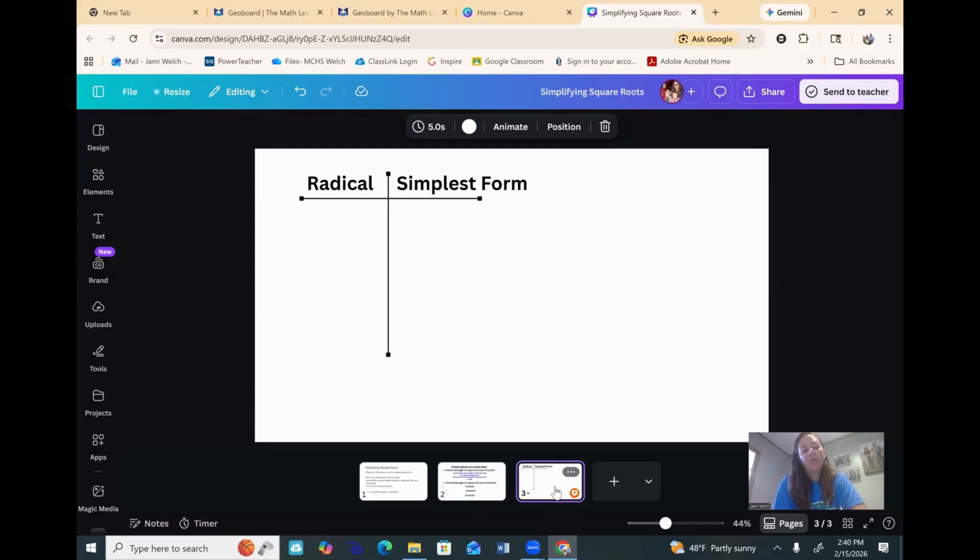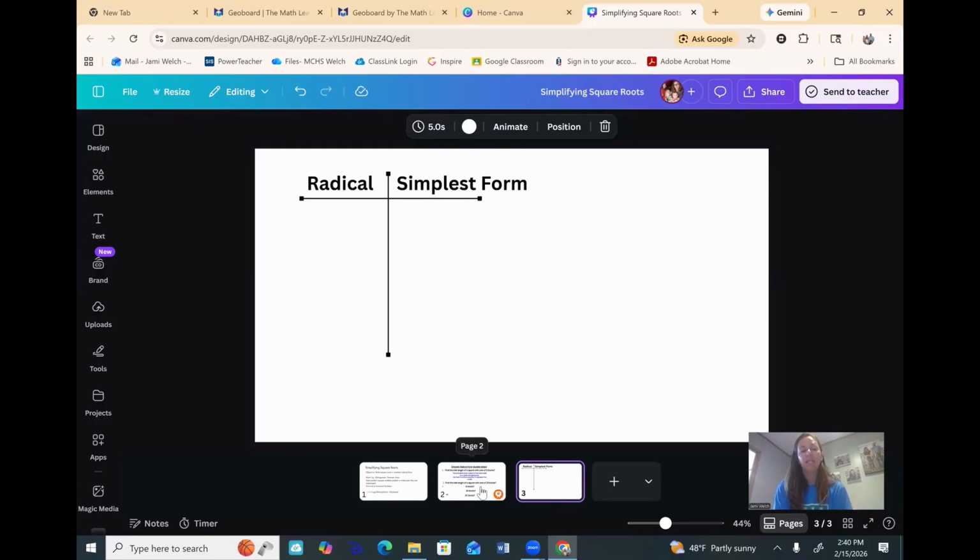So we're not wanting them to model every single radical expression with the geoboard to convert to simplest form. We honestly want them to be able to do a lot of that in their head. So creating a table like this, I think, will help them make that connection as well.